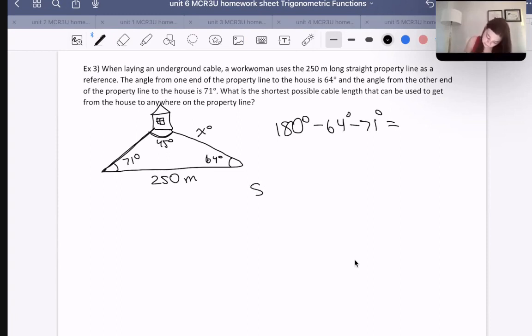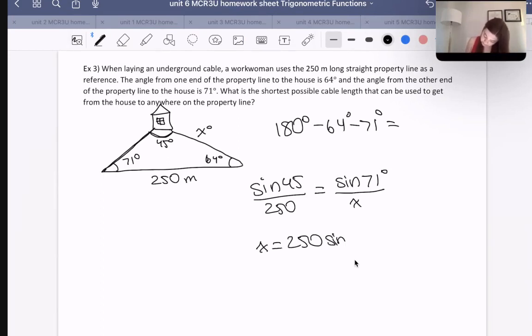So we know that sine 45 over 250 is equal to sine 71 over x. Now I'm going to swap things around and say x is equal to 250 sine 71 over sine 45. And let's figure out what that is.